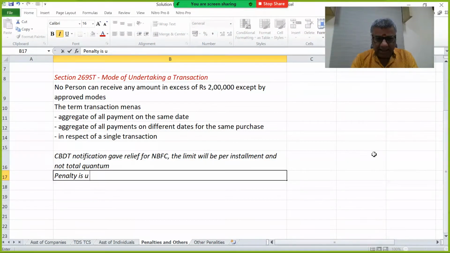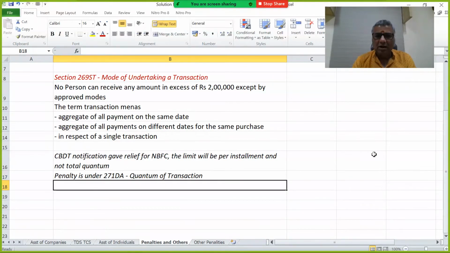Penalty is under 271DA. 100% of the quantum of the transaction will be the penalty. Since assessment arrears are reducing, they are probably going to question from these areas in the next 2-3 attempts.